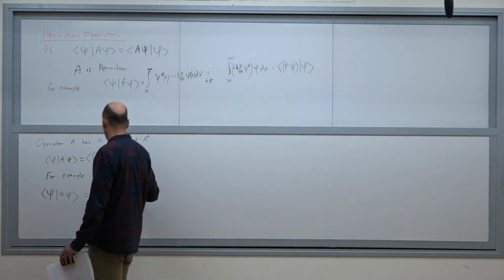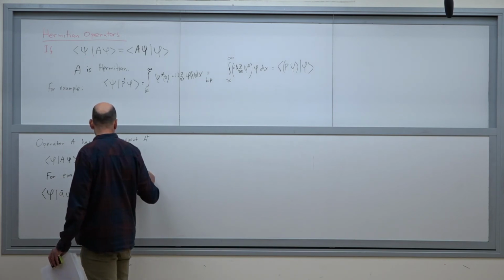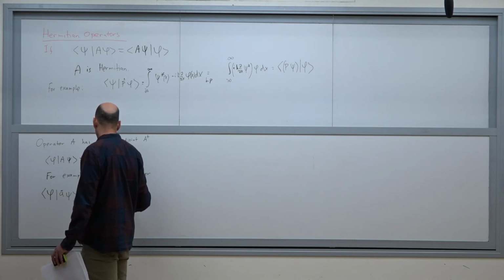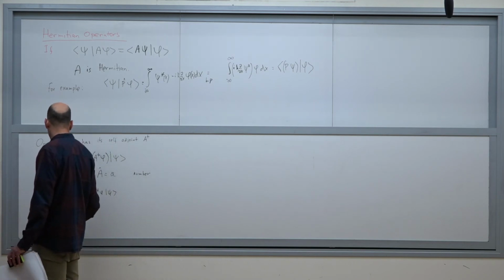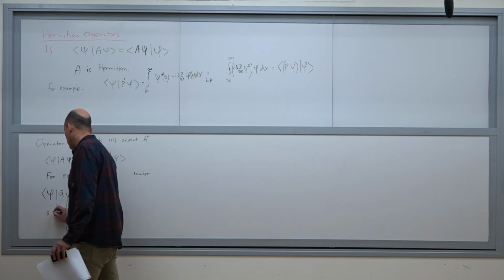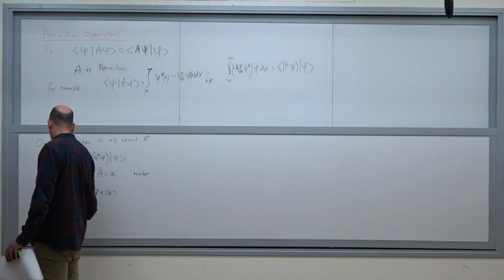If you prefer to have some tilde, this is a number, possibly complex. Phi, psi, but what is this guy? Well, this guy is equal to a star, phi, psi.